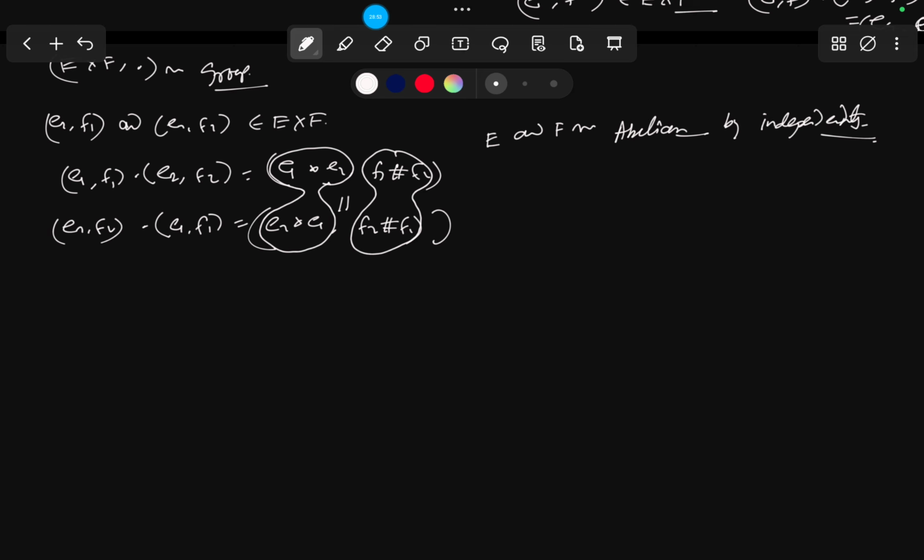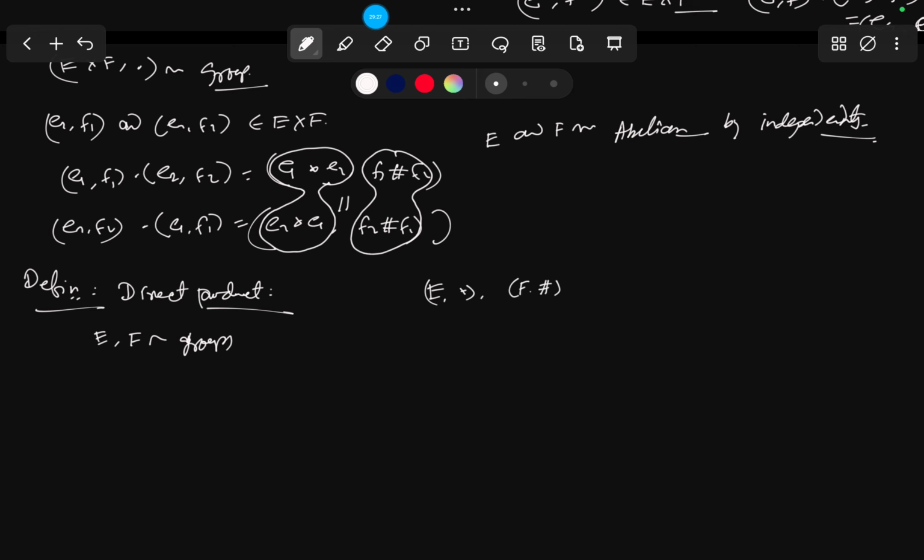So we need to define this one as something. This particular group, which is E cross F, is said to be the direct product of E and F. Let us consider that E and F are two groups. By the way, all the time I will not write E comma star or F comma hash.